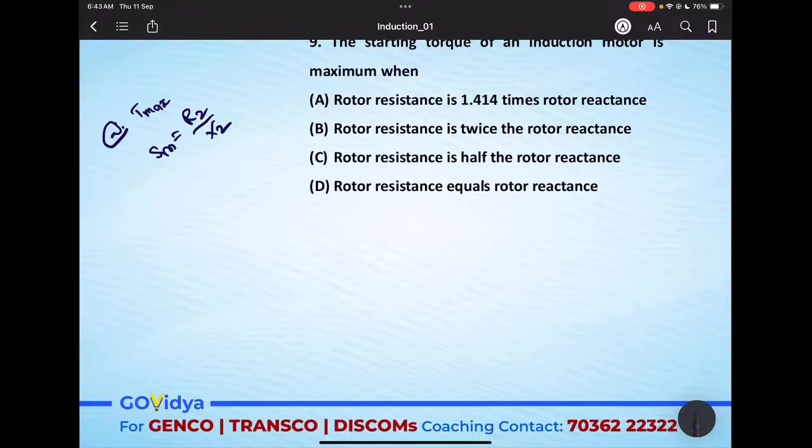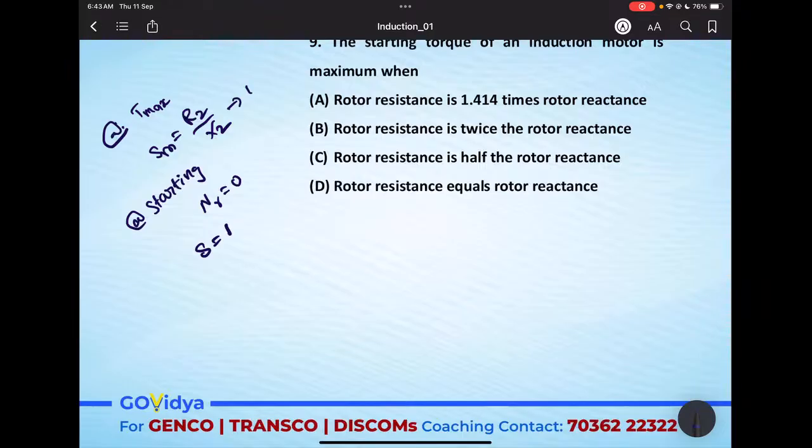Okay, at maximum torque, slip S_m is equal to R2 by X2. At the time of starting, the rotor speed N_r is equal to 0, so the slip is going to be 1.